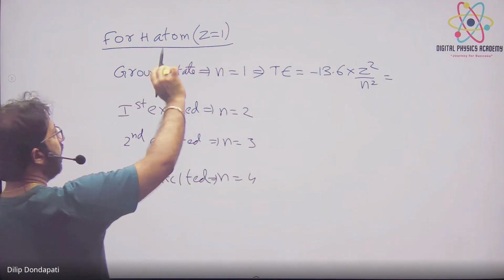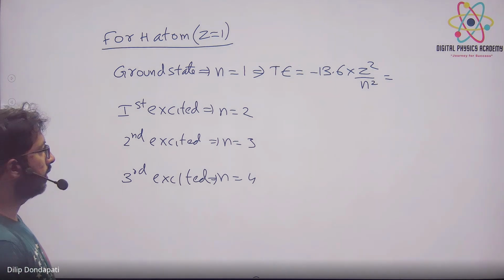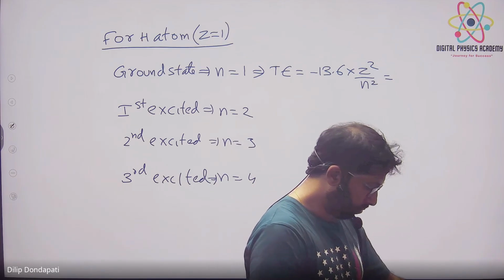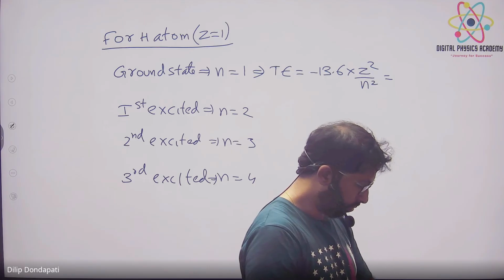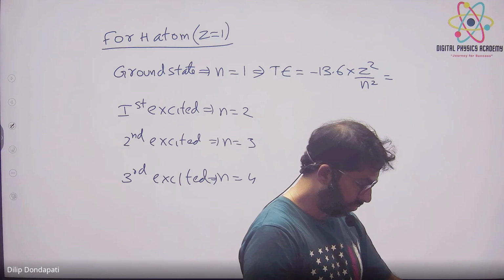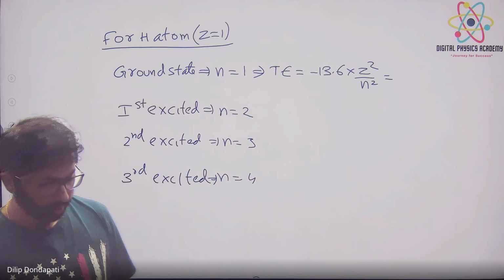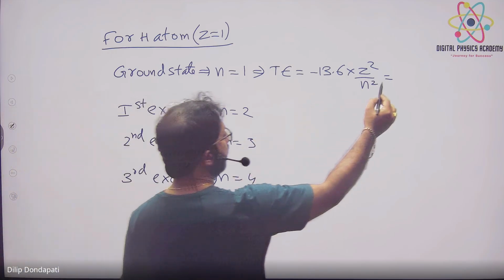So Z is 1, n is the ground state. Right? First one, कितना? It is minus 13.6 electron volts.